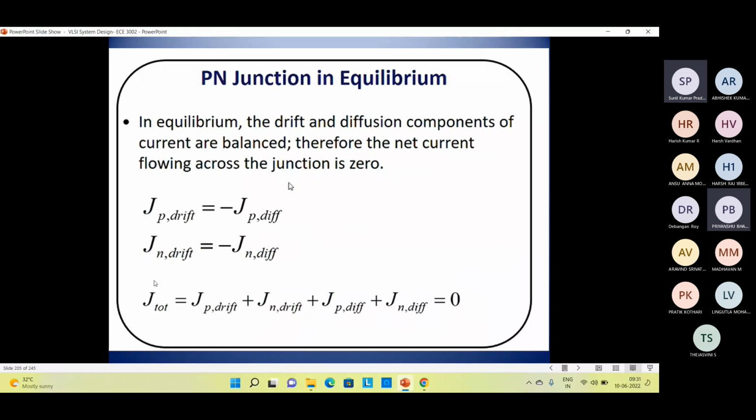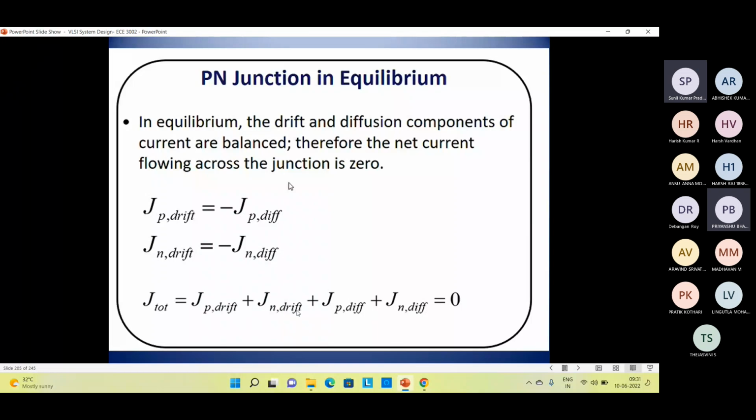So total current density will be drift current for hole plus drift current for electron plus diffusion current for hole plus diffusion current for electron, equal to 0. Okay, so J tot is the total current density. Jp drift is our drift current density for hole.